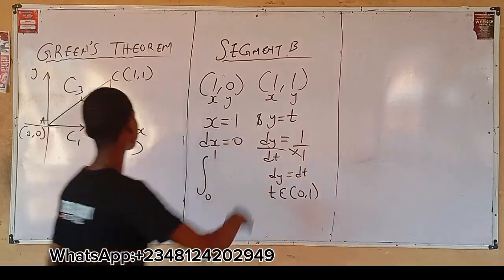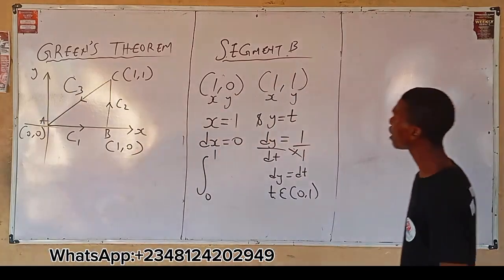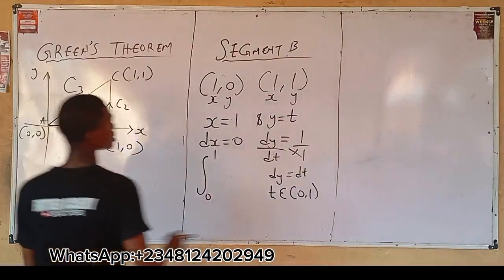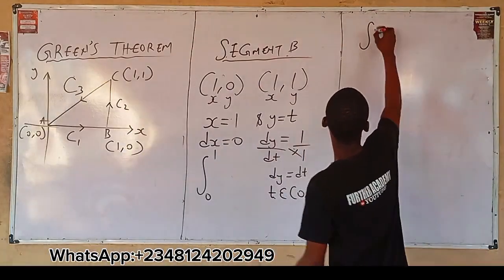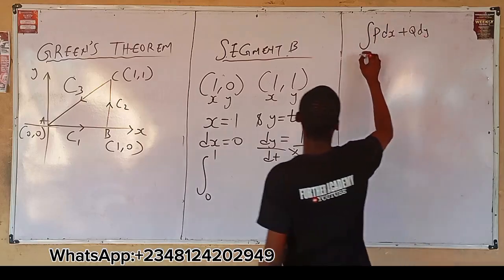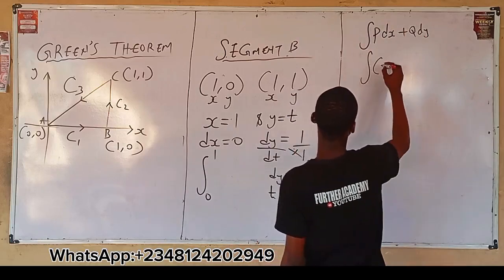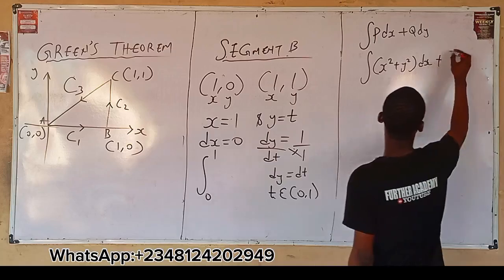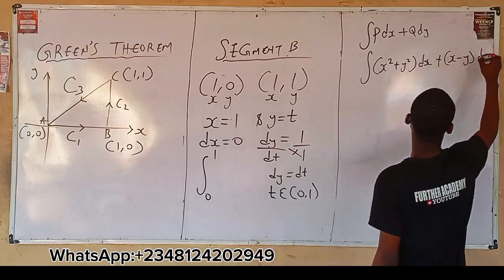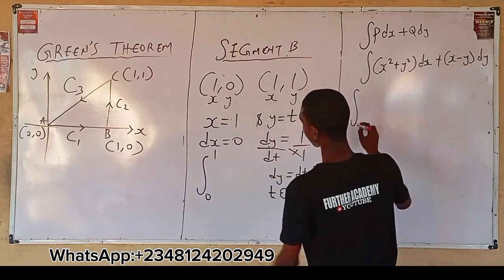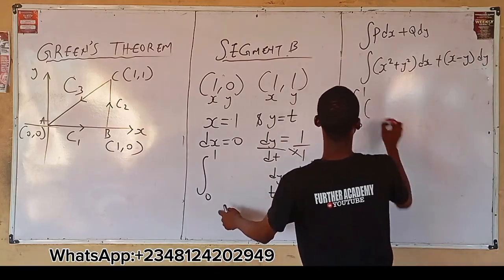Now, this is for segment B. Let's apply my line integral formula, which is the integral of P dx plus Q dy. I know that P and Q are x squared plus y squared dx plus x minus y dy. Substitute what you've gotten so far, meaning integral 0 to 1, all in brackets.